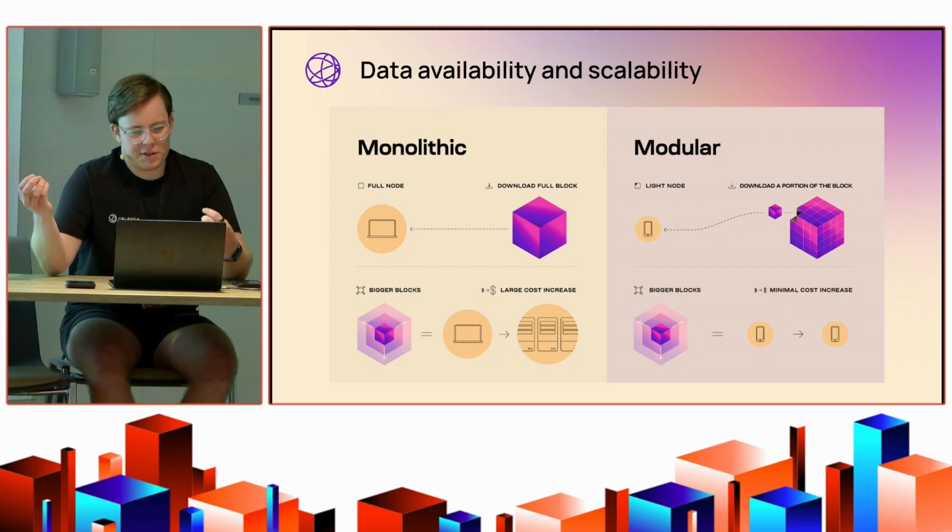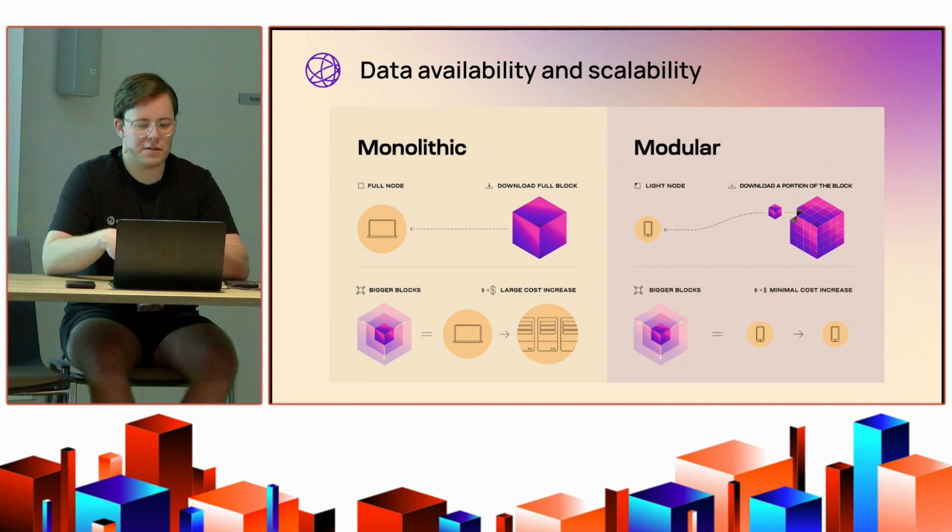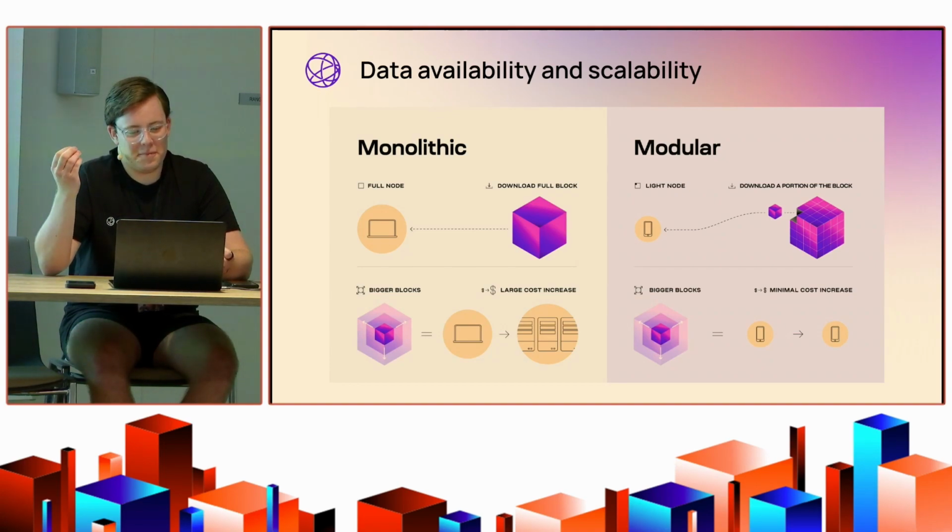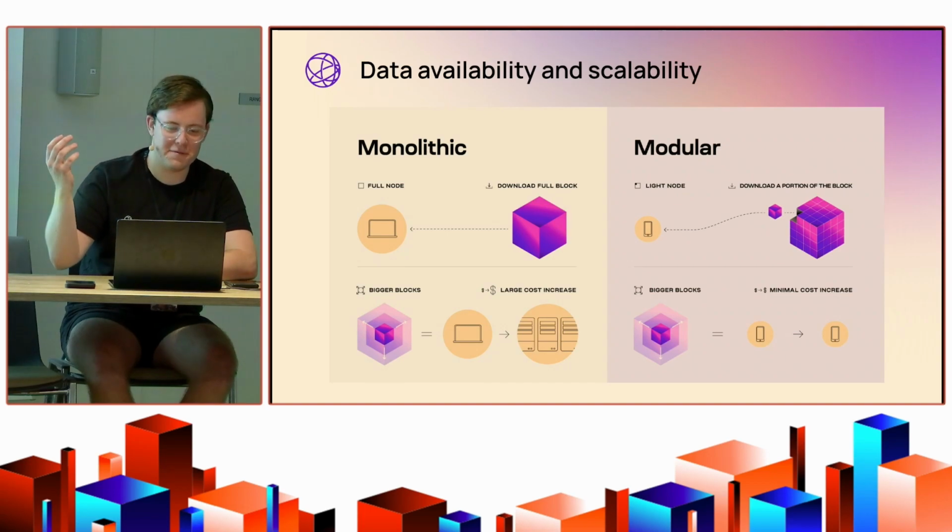But by having more people sampling little bits of data with light nodes in the modular vision, the cost increase that happens is much lower, and by having more people sampling blocks, the blocks can grow in size. So for example, if everyone in the world was running a node, it would be up there in the petabytes blocks, but obviously that's a pie in the sky vision.